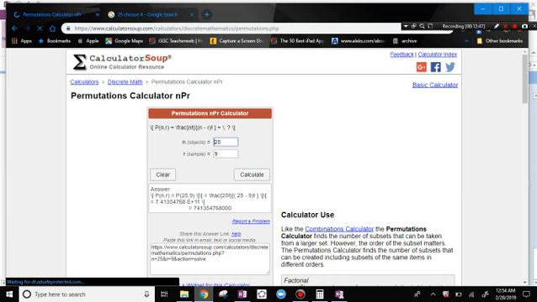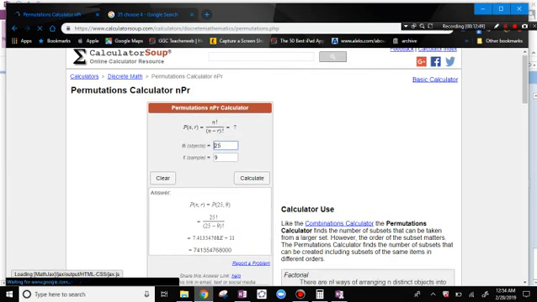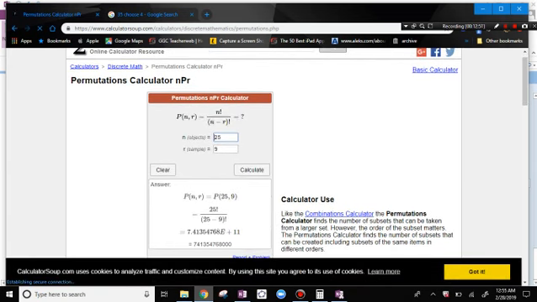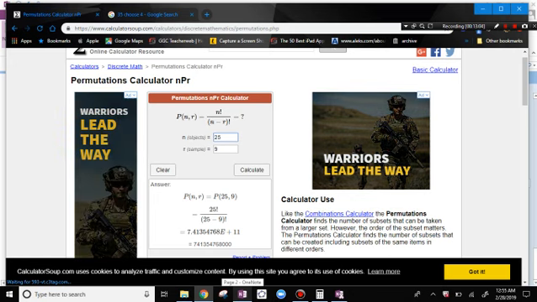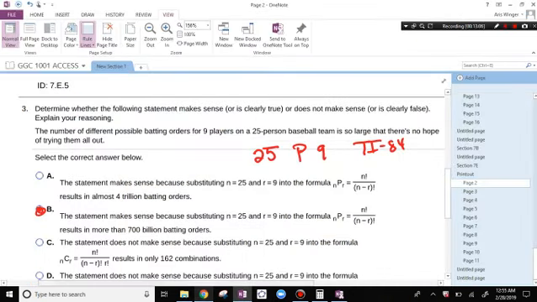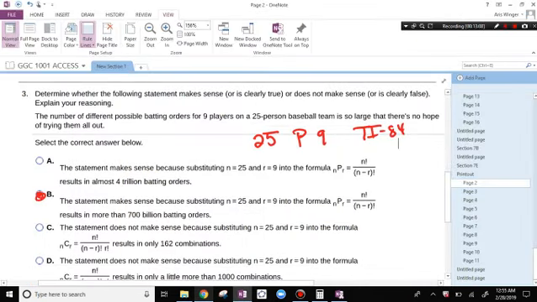Let's calculate. That is over 700 million. Wait, that's 700 billion combinations. 1 million seconds is 11 days, so 700 billion seconds is much, much longer than that. It would just take too long. 700 billion batting orders.